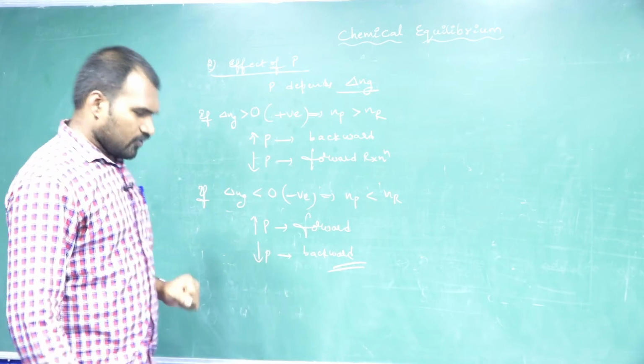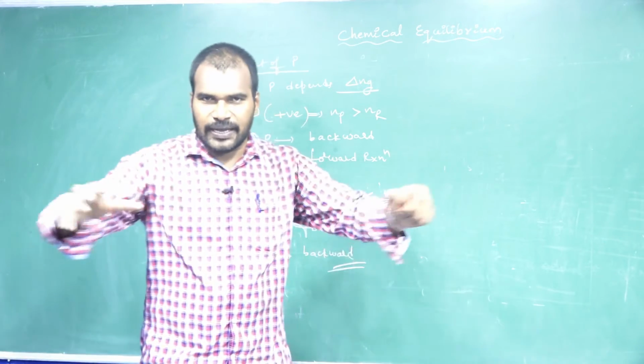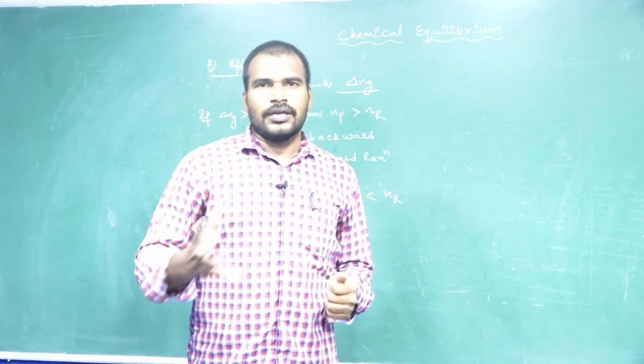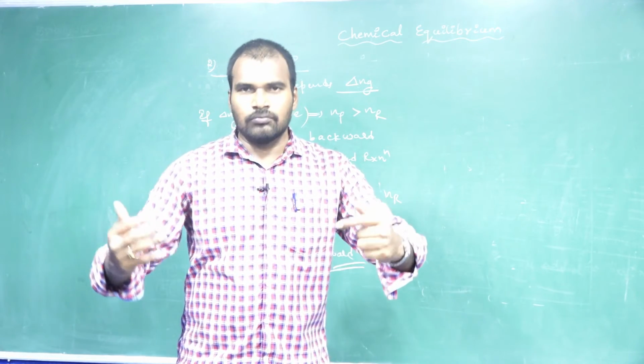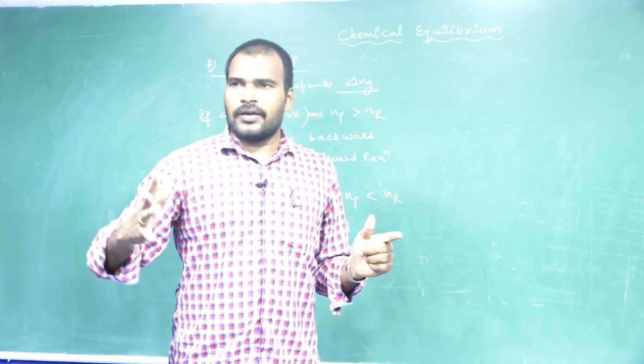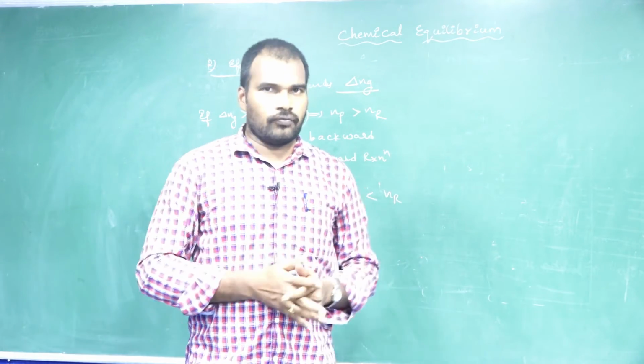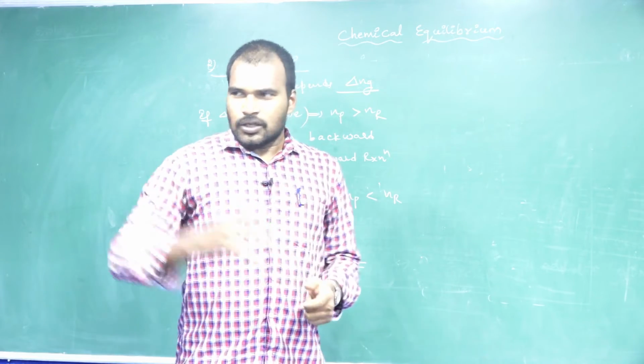Now, why does this happen? Let us give an example. Let us imagine our classroom, in which 30 members have sat. Suddenly they moved the wall of the classroom to exactly half.